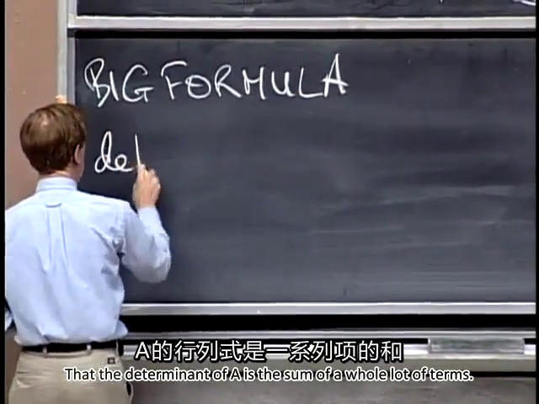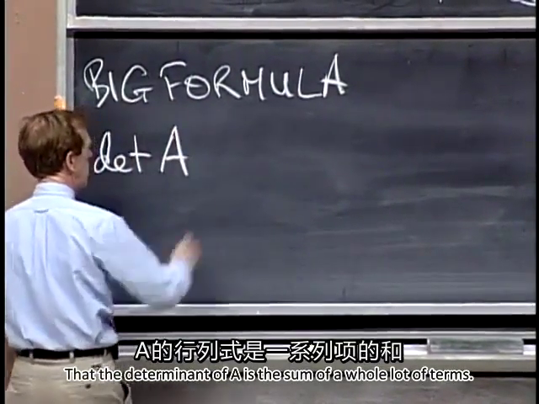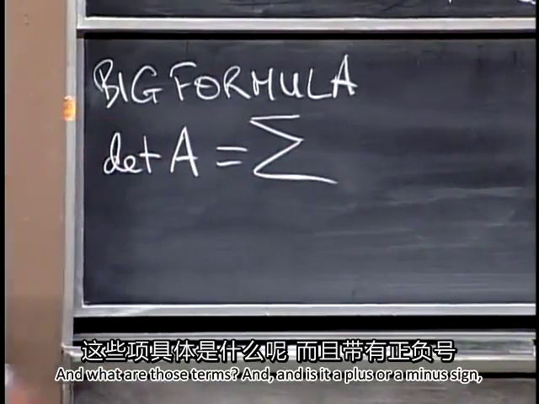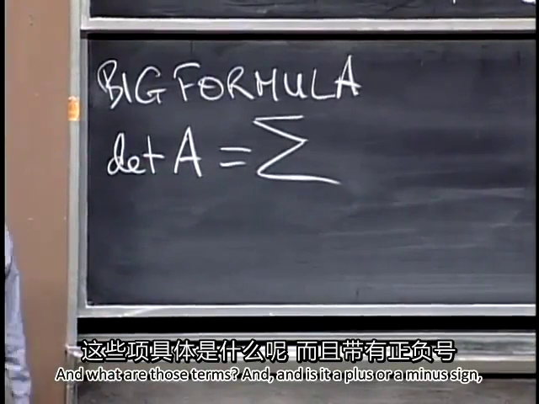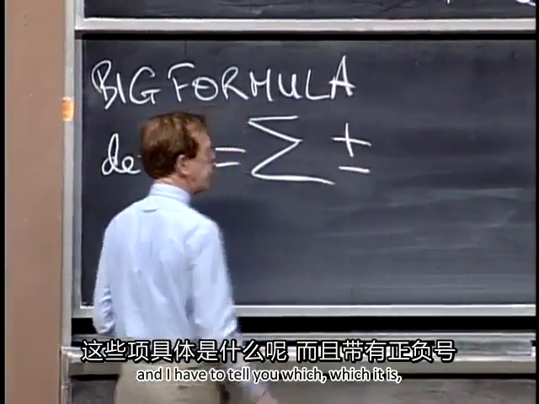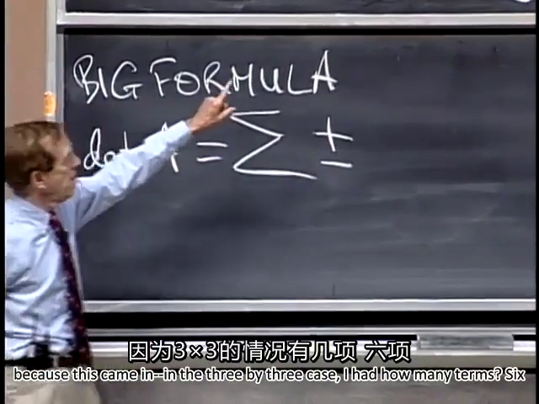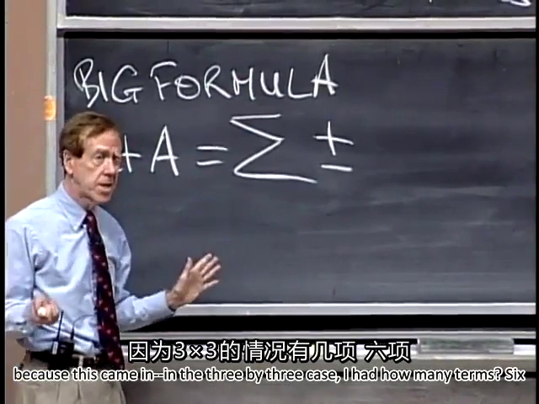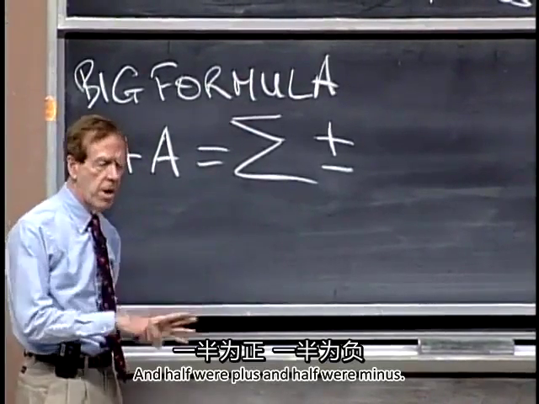That the determinant of A is the sum of a whole lot of terms. And what are those terms? And is it a plus or a minus sign? And I have to tell you which it is, because in the 3x3 case, I had how many terms? 6, and half were plus and half were minus.